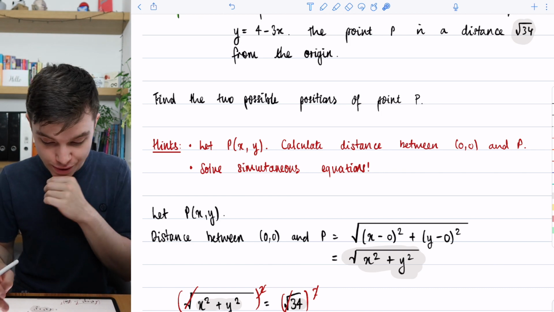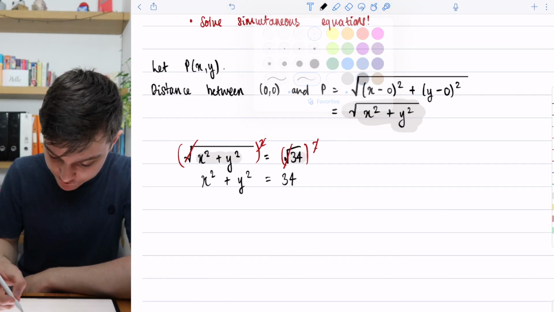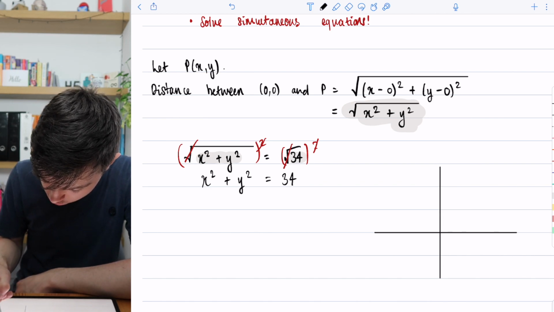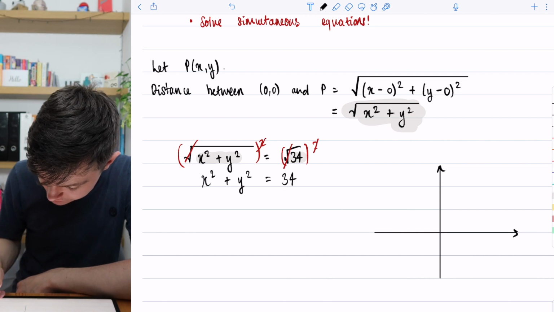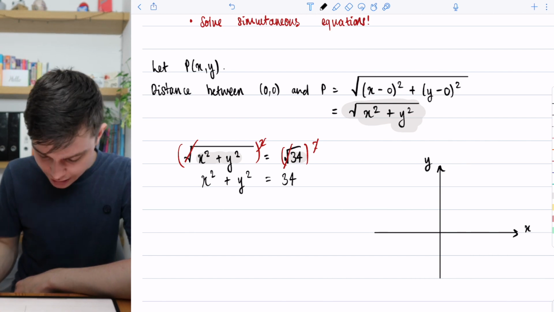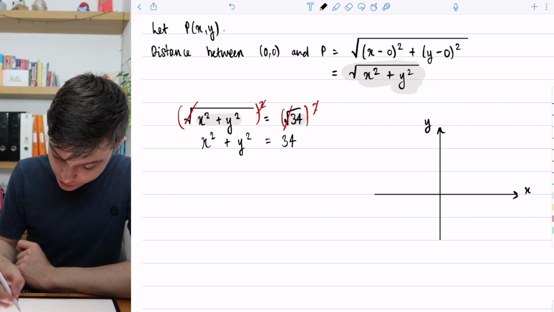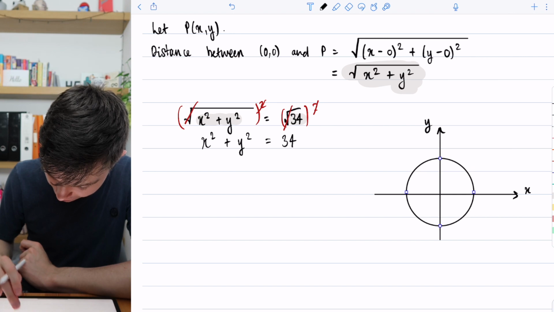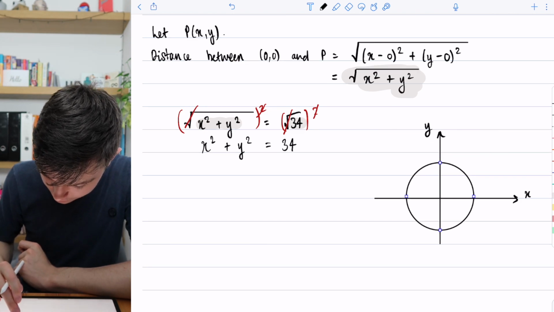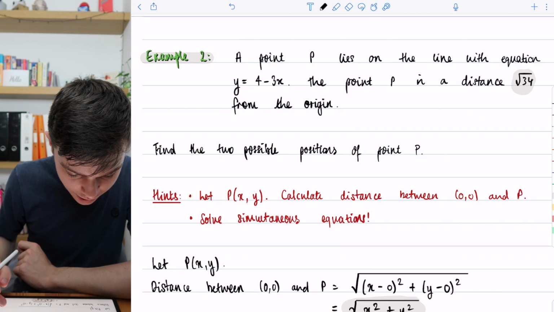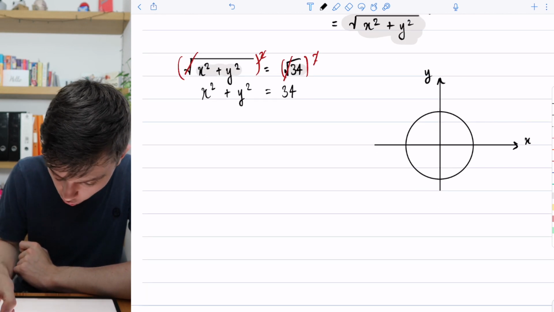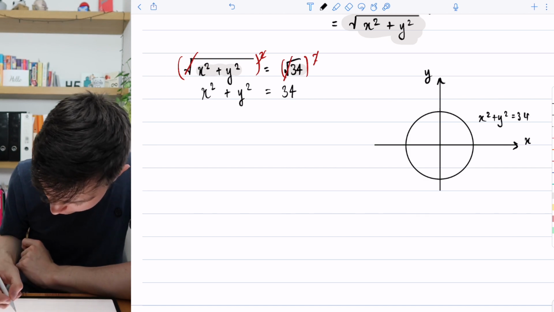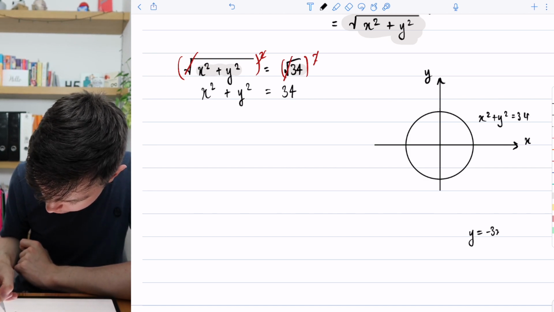So what we need to do is, if I do a little bit of a graph, now don't worry if you're not able to graph that circle, you might have done some circle graphing at GCSE, but we've got x and y there, and then it's going to be at the origin, the circle, so it's going to be something like that, and I also have a straight line, minus 3x plus 4. So that's the circle, x squared plus y squared is 34. And I also need minus 3x plus 4.